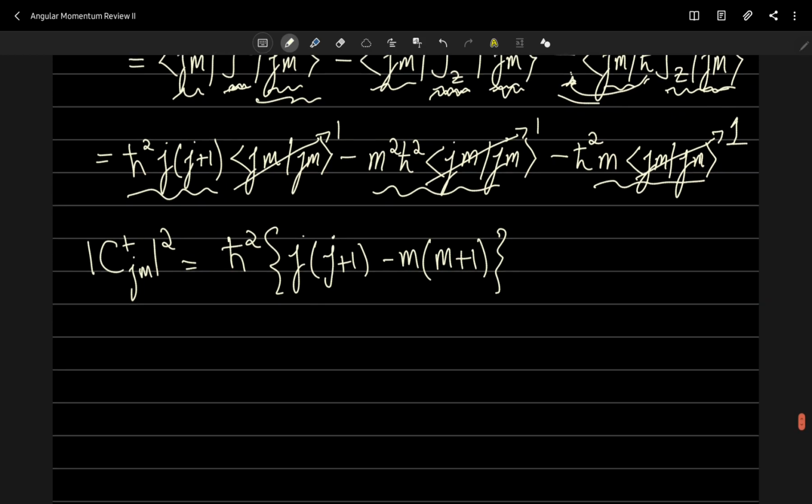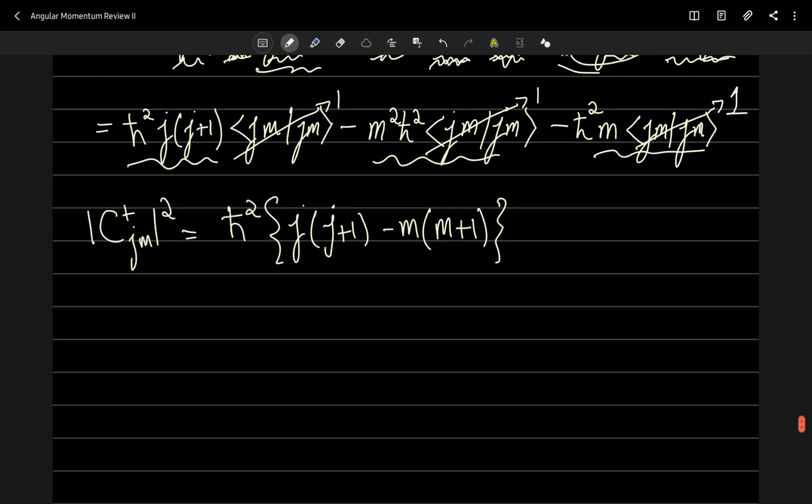So finally, what we have for C plus jm, the absolute value of this, is equal to the square root of all of this. Well, square root of h bar squared is just h bar. And now note that we are taking the absolute value of this.